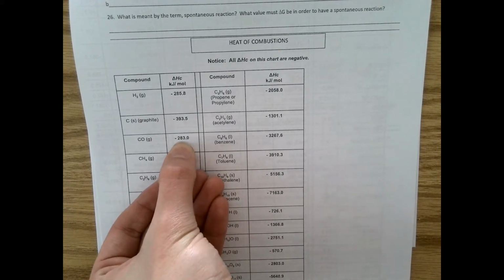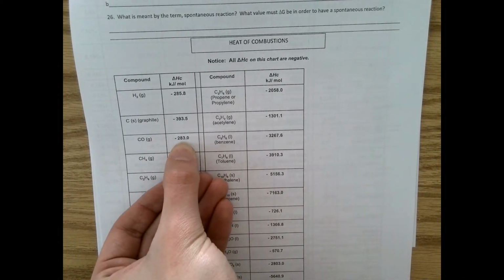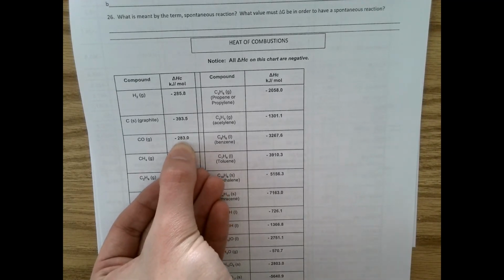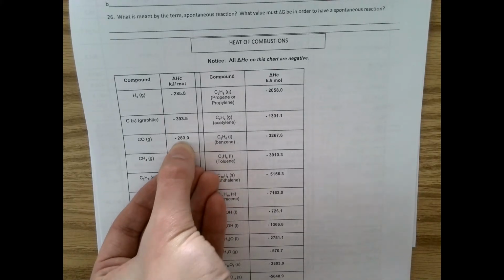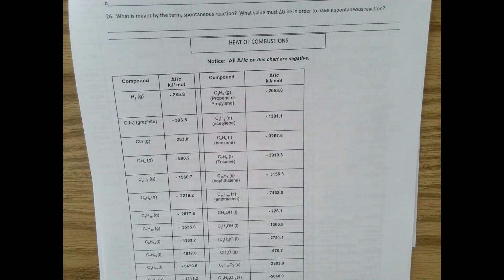Okay? Could you also figure out how much energy is released when half a mole burns? Yeah. Could you figure out the energy released when 25 grams burns? Yeah, you can convert from grams to moles, and then from moles to kilojoules here. Okay? Also notice here, though, all these have state symbols as well. So there might be a different value for carbon monoxide solid or something. Okay?